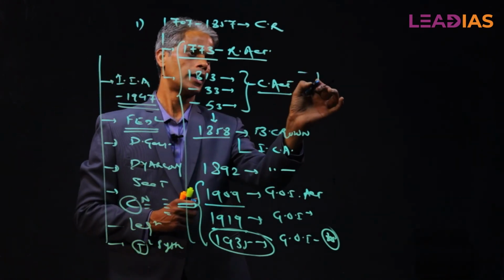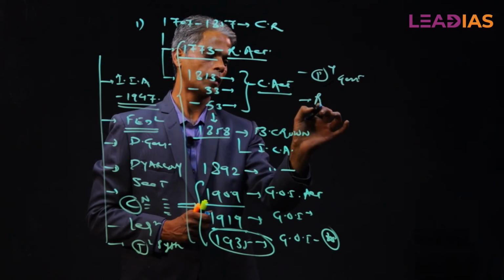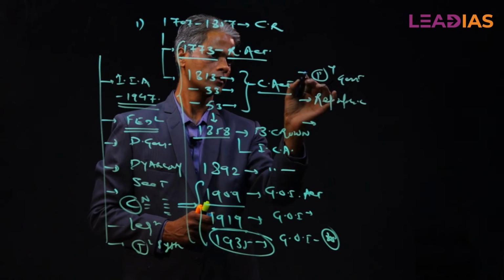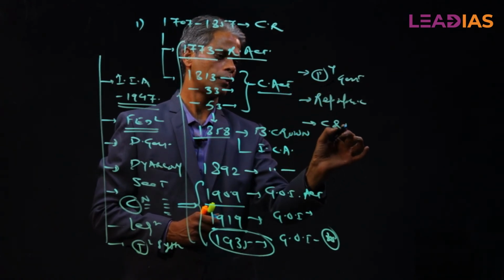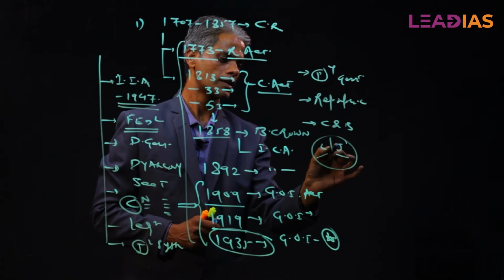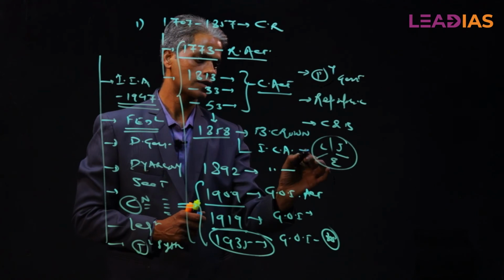Then the parliamentary form of government, then republic character, then checks and balances. What is checks and balances? There are three wings, legislature, judiciary and executive, and they act as a checks and balance mechanism.